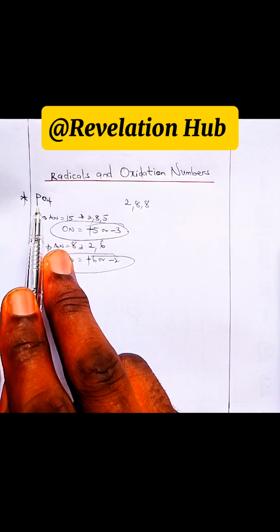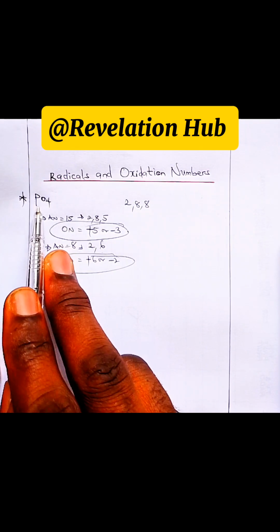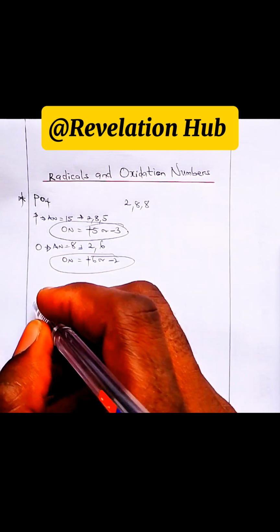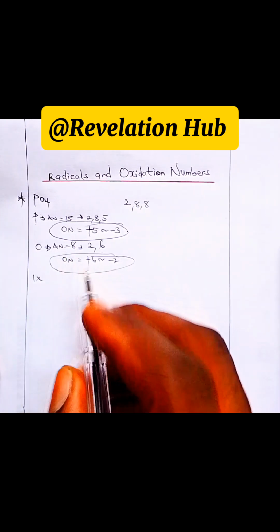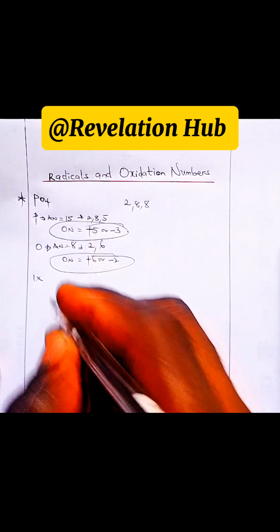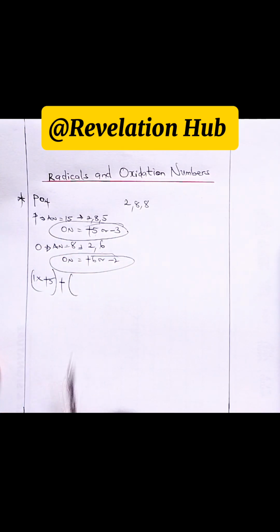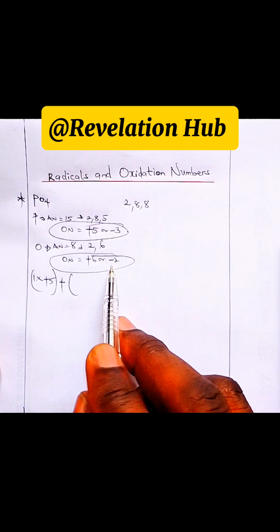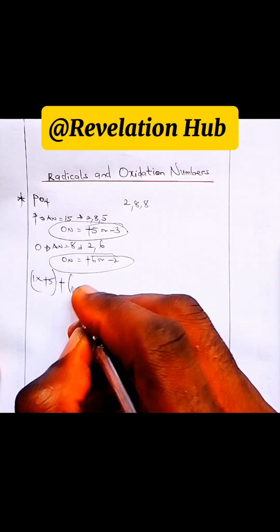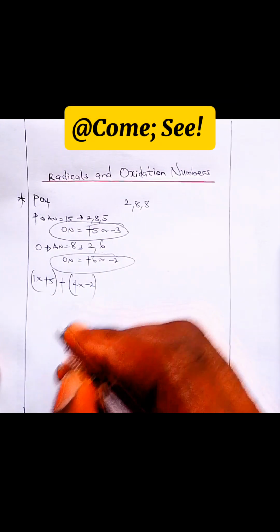So how many atoms of phosphorus do we have here? We have just one atom of phosphorus. So that's going to be 1 times, what's the oxidation number for phosphorus here? That's plus 5. We're going to use plus 5 there. Then plus oxygen. Since we've used the positive one here, we're going to use the negative one here. This is minus 2. So that'll be 4 times minus 2.